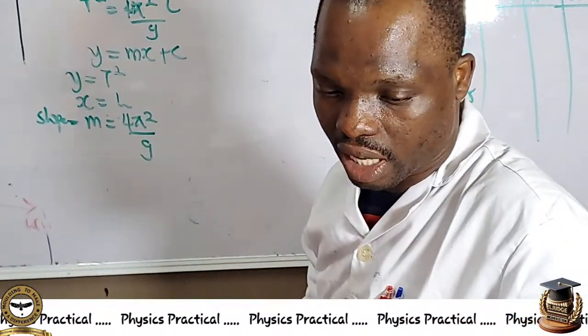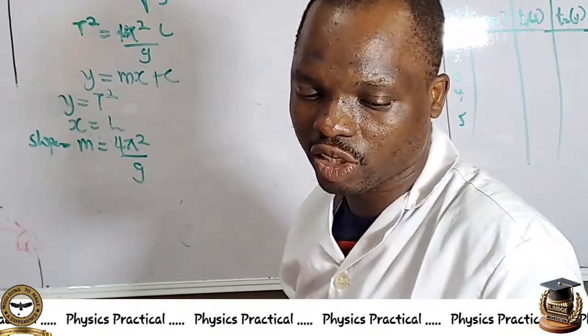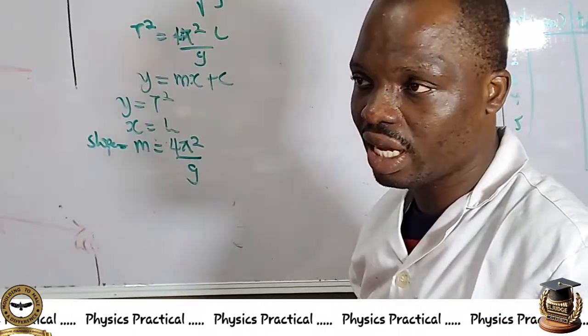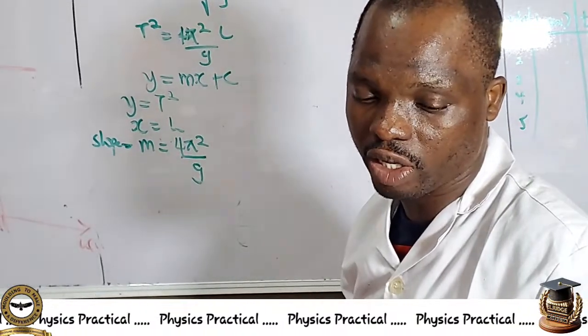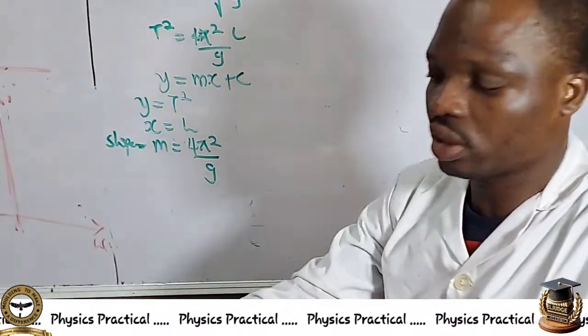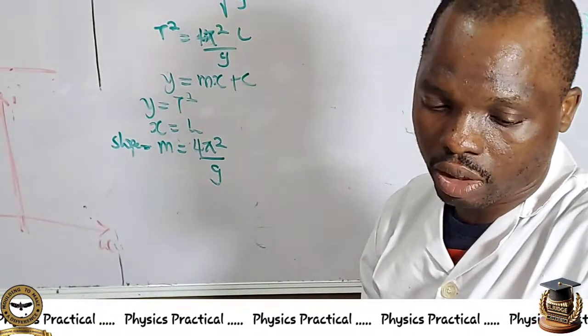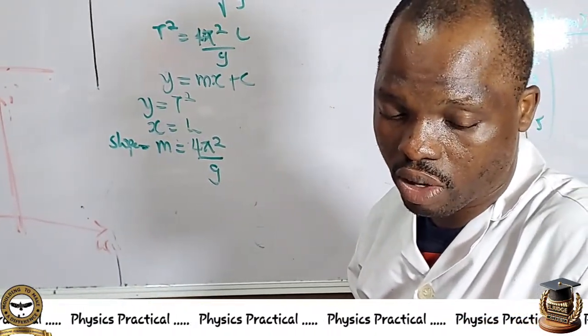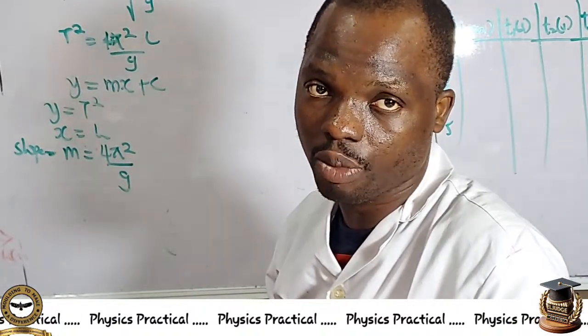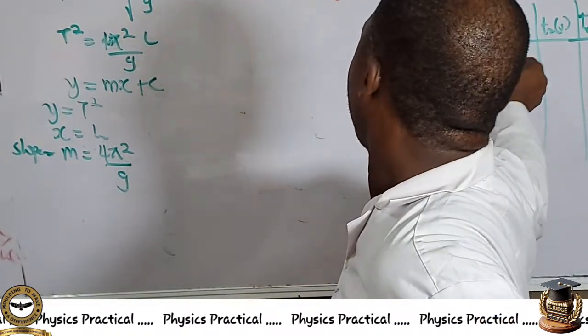Under precautions, I ensured that the support was rigid and firm. I ensured that the bob of the pendulum was free from the table. It did not touch the table as it was moving, because that will give you a wrong reading. Then repeated readings shown on the table, like in this case you have T1 and T2.